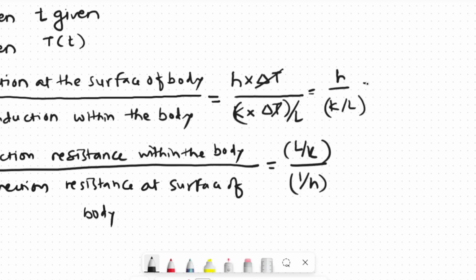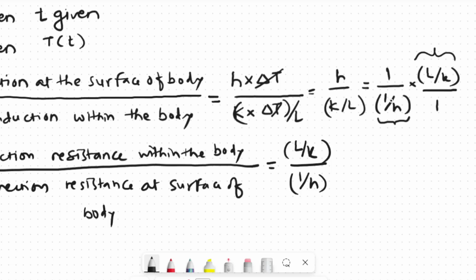So this relation can be written as 1 upon H into L by K. So it becomes the conduction resistance inside the body to the convection resistance at the surface of the body.